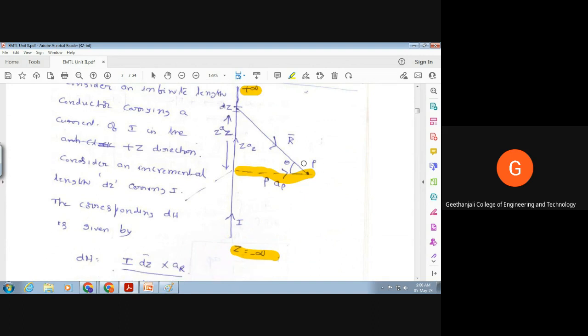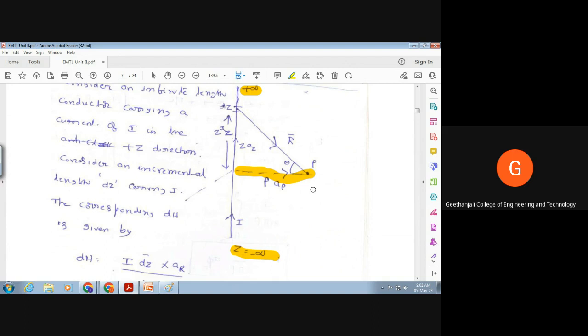Now, due to the differential current element I dz at point P, what is the expression for dH? From the Biot-Savart law, I dl cross a R by 4 pi R square, both magnitude and direction can be expressed using the single expression.